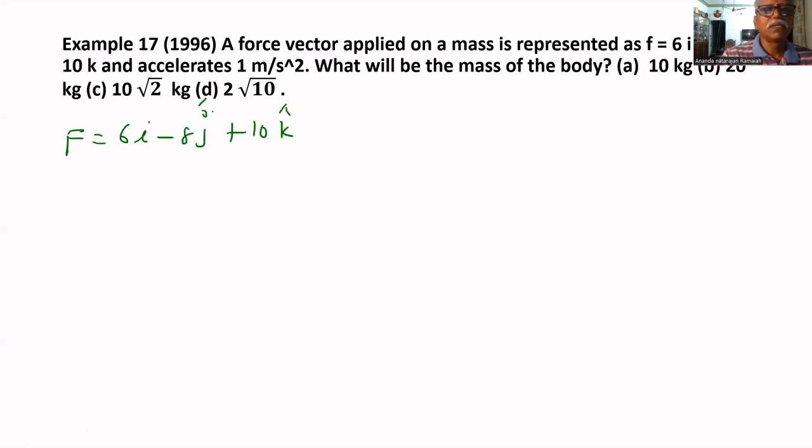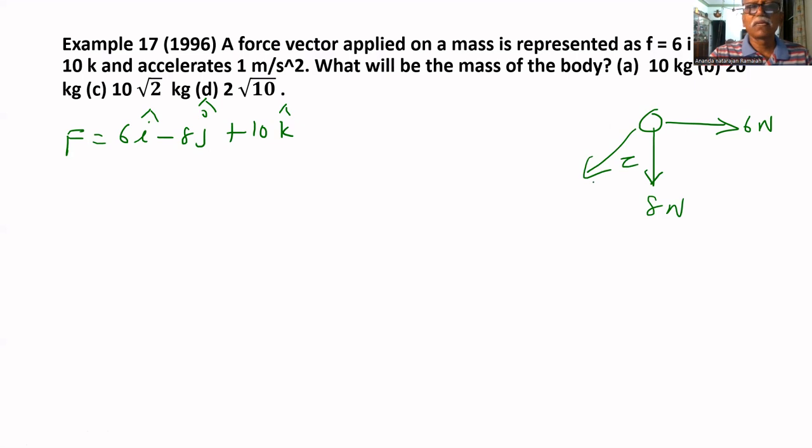These are all unit vectors. It means a mass is there. In this direction, 6 Newton is applied. In this direction, minus 8, that's why I'm putting downward, 8 Newton is applied. Along Z direction, 10 Newton is applied.